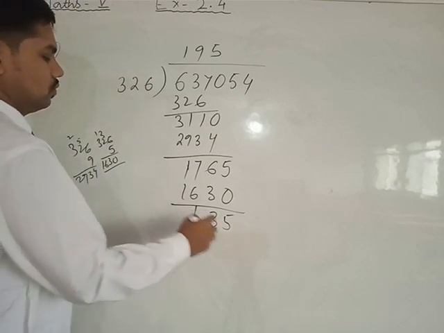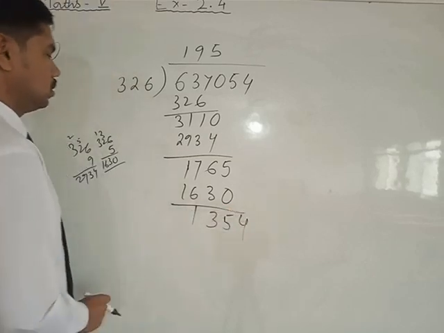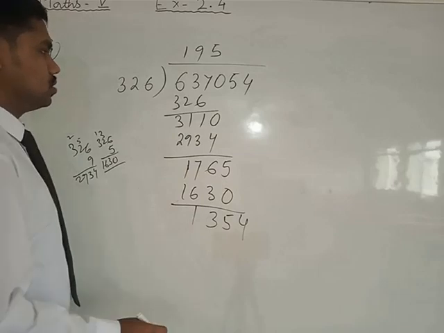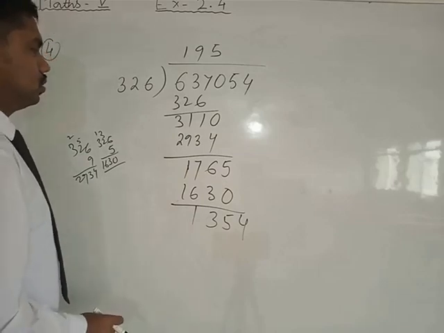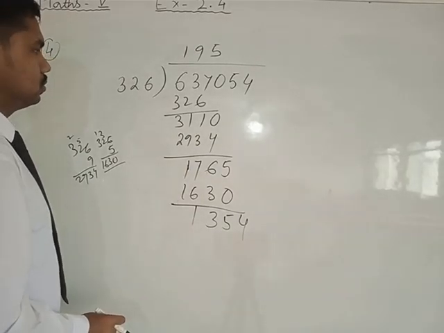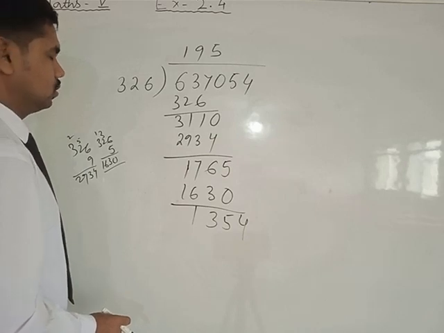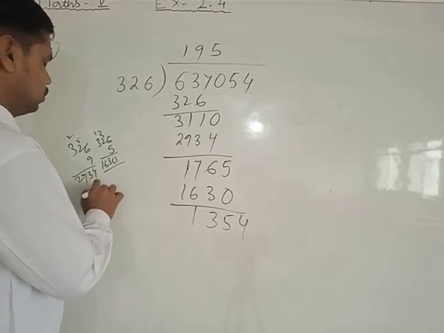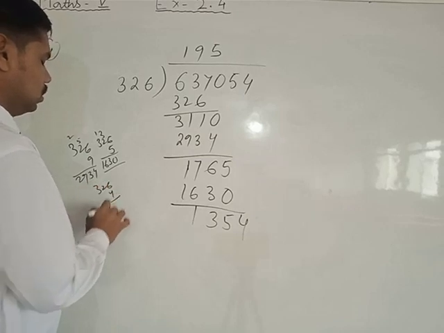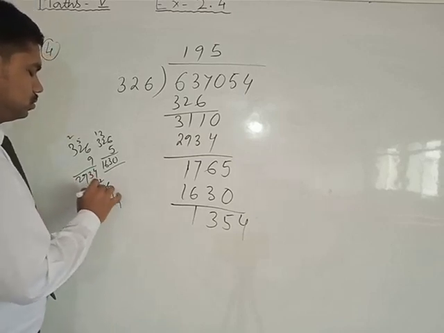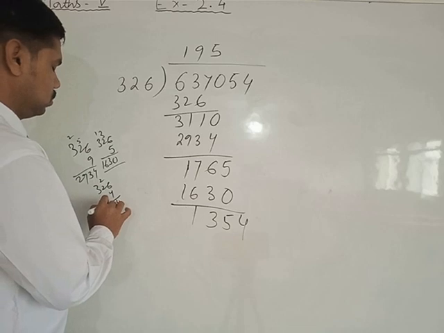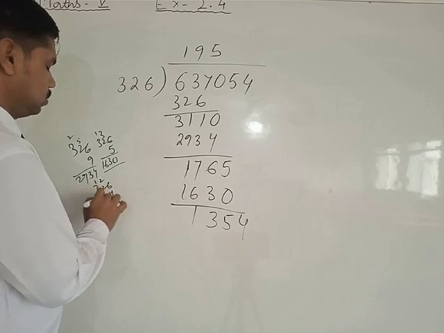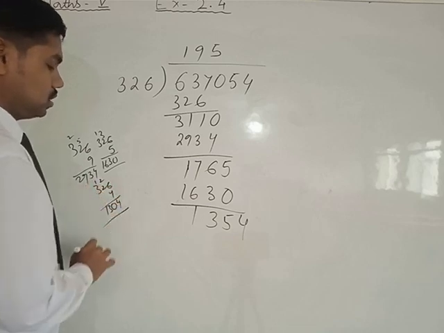So now 4 is left. So 4, 13. Here 13. So 3 fours are 12, 3 fives are 15. So 4. So let's check with the 4. 4 twos, 0, 1, 13, 1304.